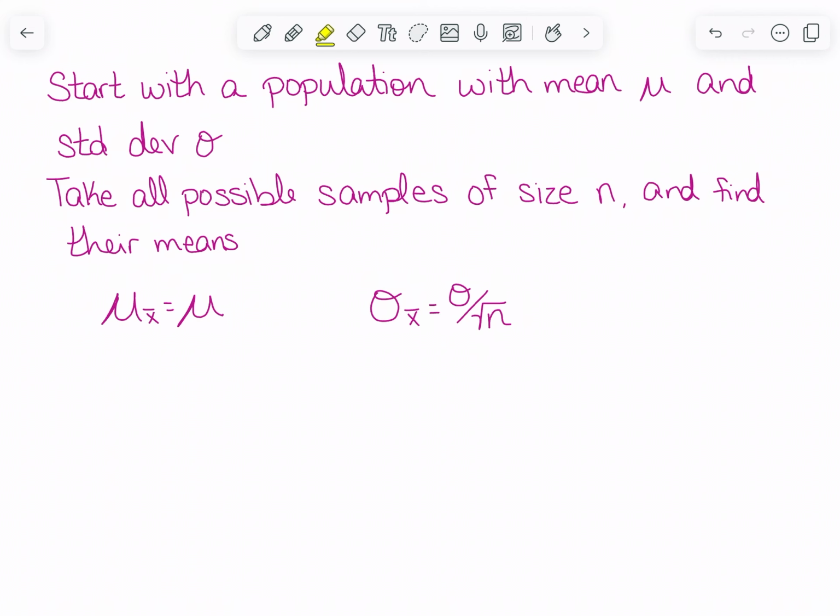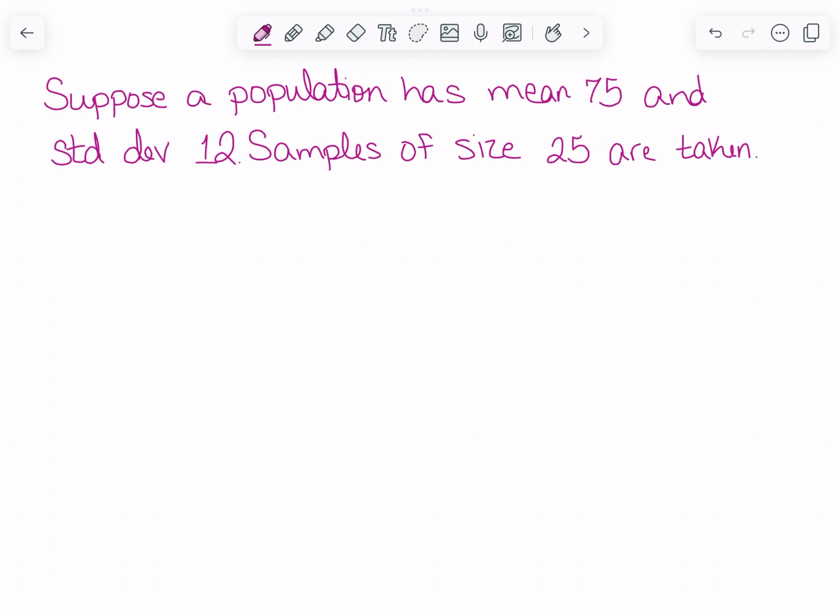So when we talk about a sampling distribution, what we're really looking for are these values, the mean and the standard deviation. So if I have a population that has a mean of 75 and a standard deviation of 12, and I know I want to take samples of size 25, then I can find my sampling distribution. The mean is still going to be 75.